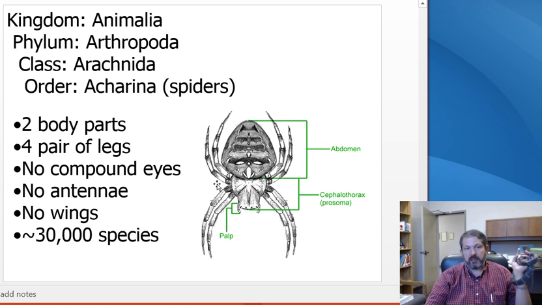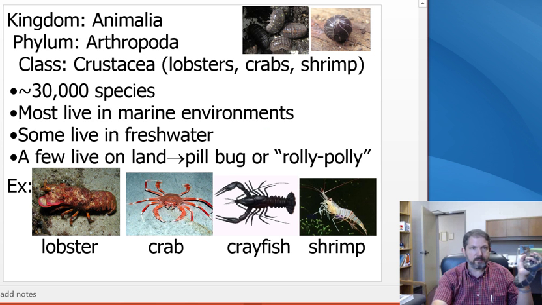The scorpion is actually an arachnid, so it's more related to a spider than to a grasshopper, because it has 4 pairs of legs, and it has just 2 body sections, the abdomen and the cephalothorax. No wings, no antennae. Pretty diverse, about 30,000 species, but not nearly as diverse as insects, which have millions of species.